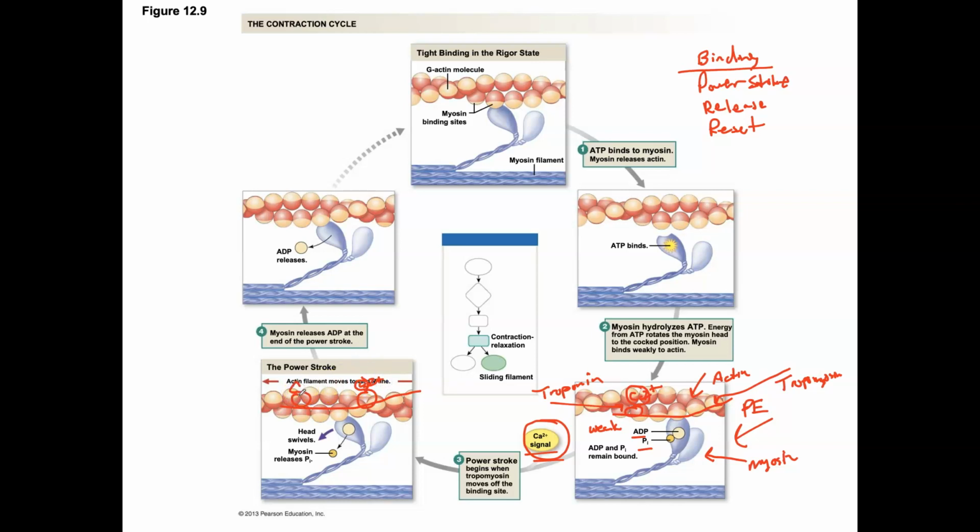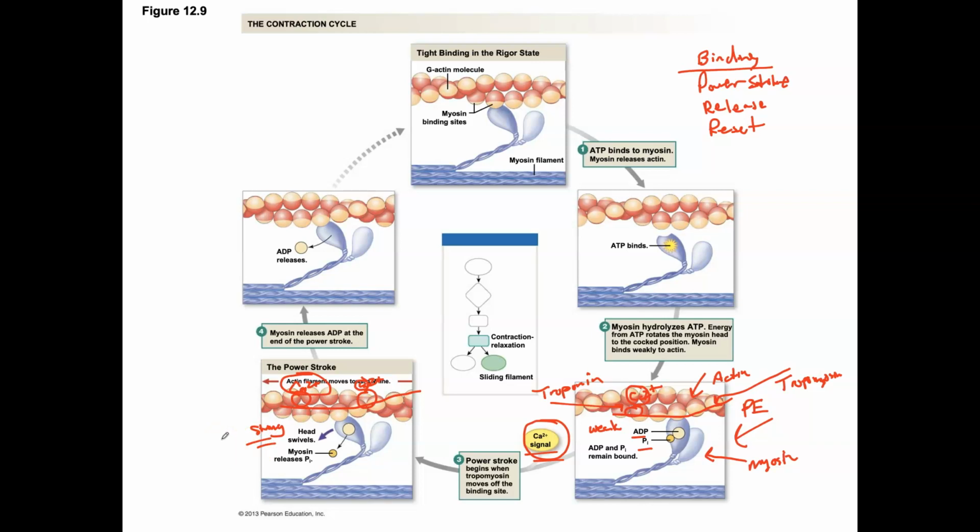We'll put some calcium attached to the troponin. When calcium is attached to troponin, we've moved the tropomyosin out of the way. And so now we have the myosin head bound to the actin in a strong binding position. Instead of a weak position, now we have a strong, high force binding position.